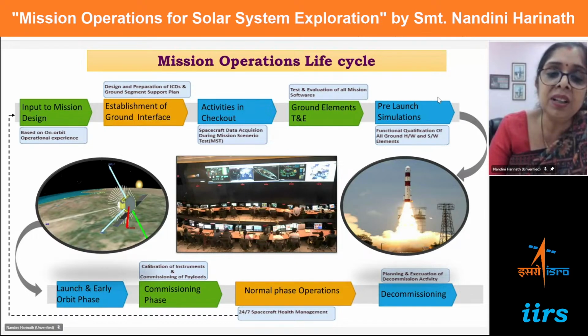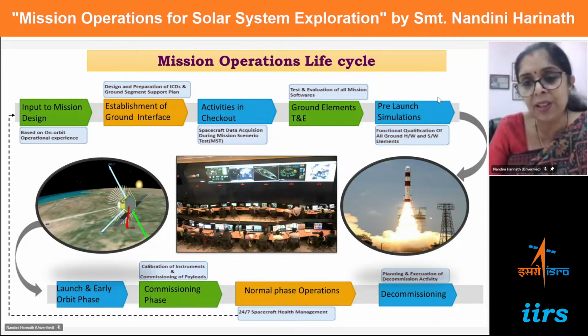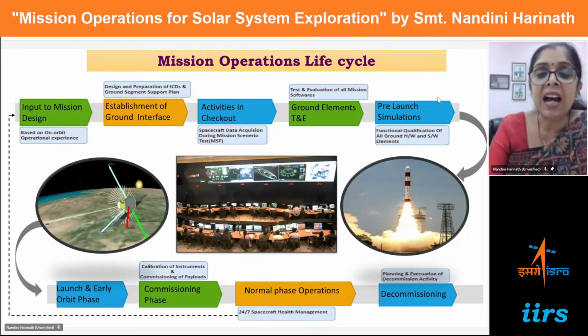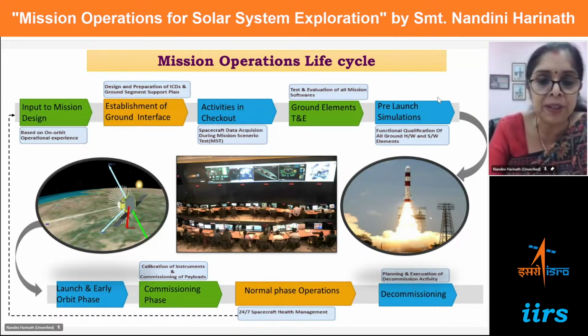So, after the initial calibration, we call it the normal phase of the mission. Right now, to give you an example, Aditya has entered the normal phase, wherein most of the initial activities on the payloads of Aditya are over, and the data is being analyzed by the respective PAs. So very soon it will get into the normal phase of operation.